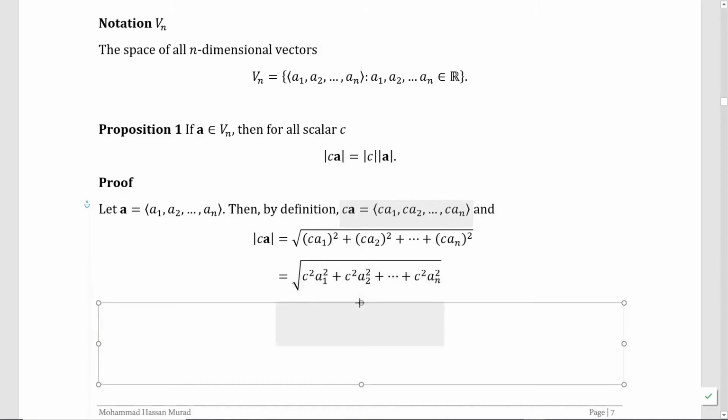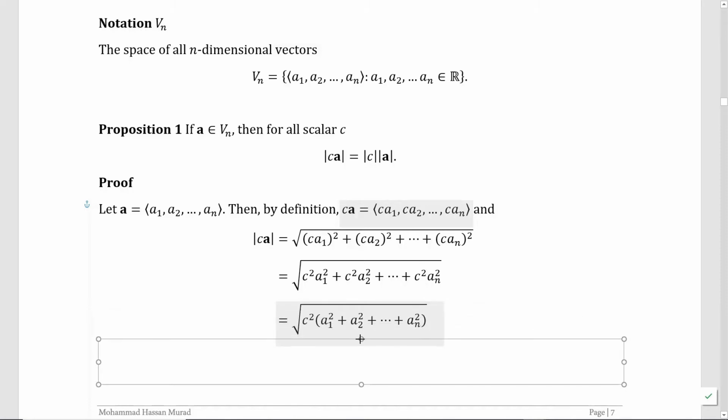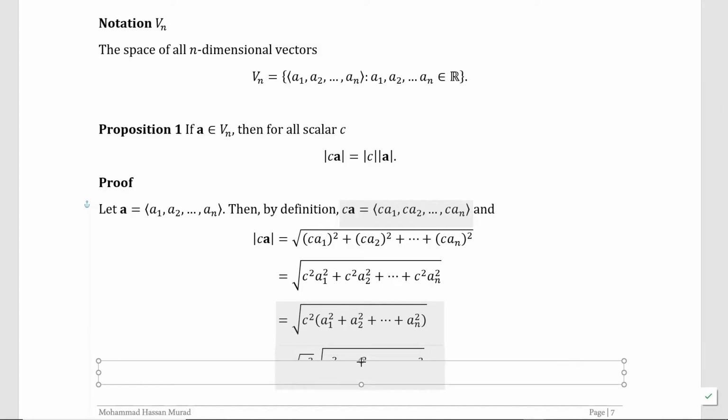Now, if we do some algebra and distribute the squares over the quantities, then we get this expression. And if we then factor c squared from each of these terms, we get this one. Then we apply the distributive law for the square root over multiplication, and we get this expression.